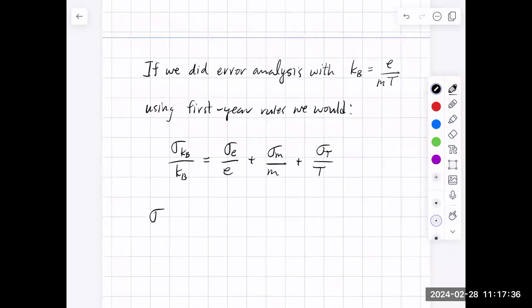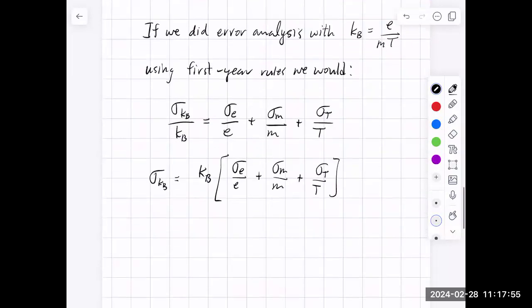If we solve for Boltzmann's constant, then we would find the following. It would be KB times all these terms. But KB we could write as E over MT, and we're just going to distribute that through.